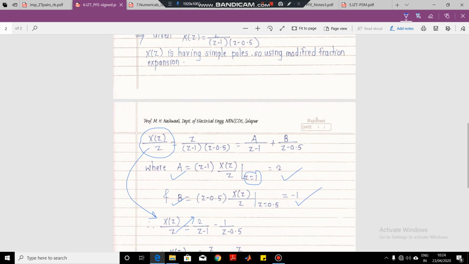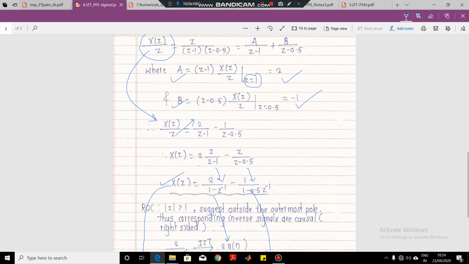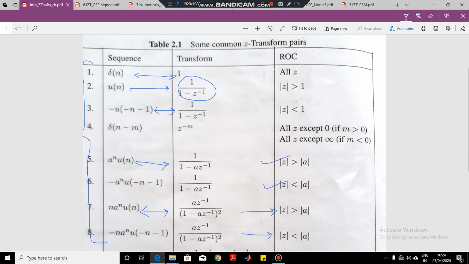So simply, this is mathematics, you have to find the partial fraction coefficients by solving like this, and then use the standard pair. That's why I told you in the last lecture that these are very important standard pairs. Whatever numericals we solve on the inverse Z transform using partial fraction expansion, we have to make use of all these pairs.